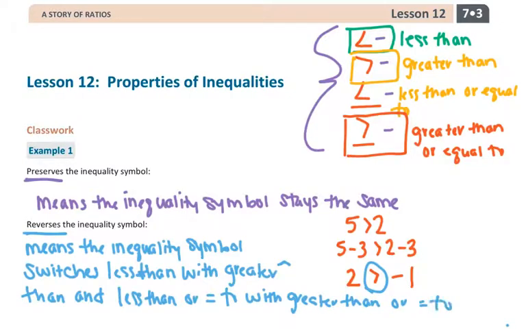So it just means that whatever we do to one side of the inequality, we're also going to do to the other. But in doing so, we change that inequality symbol.